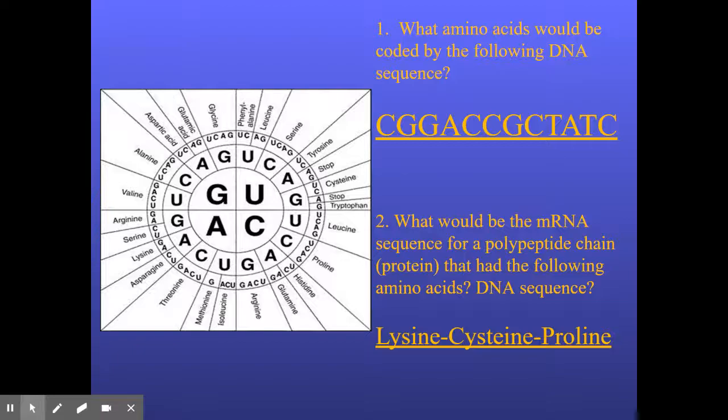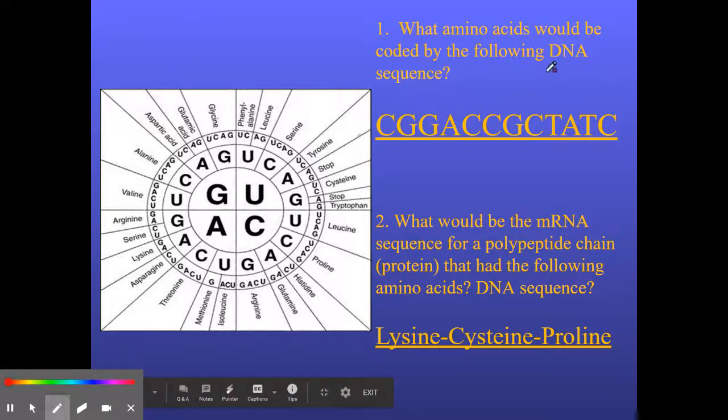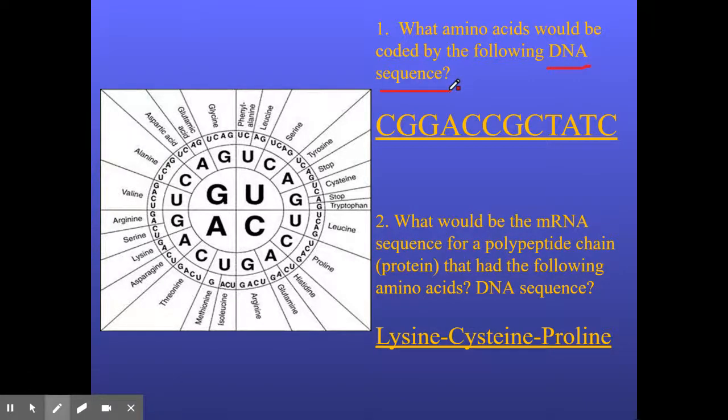So what are you noticing we screwed up with then? What did we do wrong? What's the issue? This says DNA sequence, doesn't it? So I wanted you to do that.